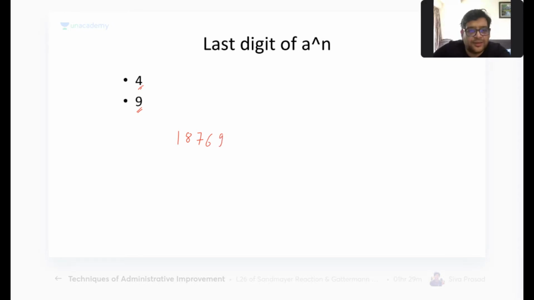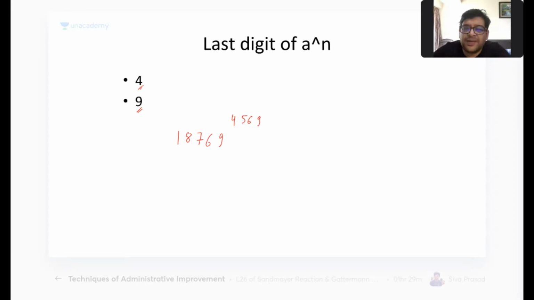4569. Okay. So suppose you are trying to find out 18769 raised to the power of 4569. What is going to be the last digit for this? This is what you are trying to find out.